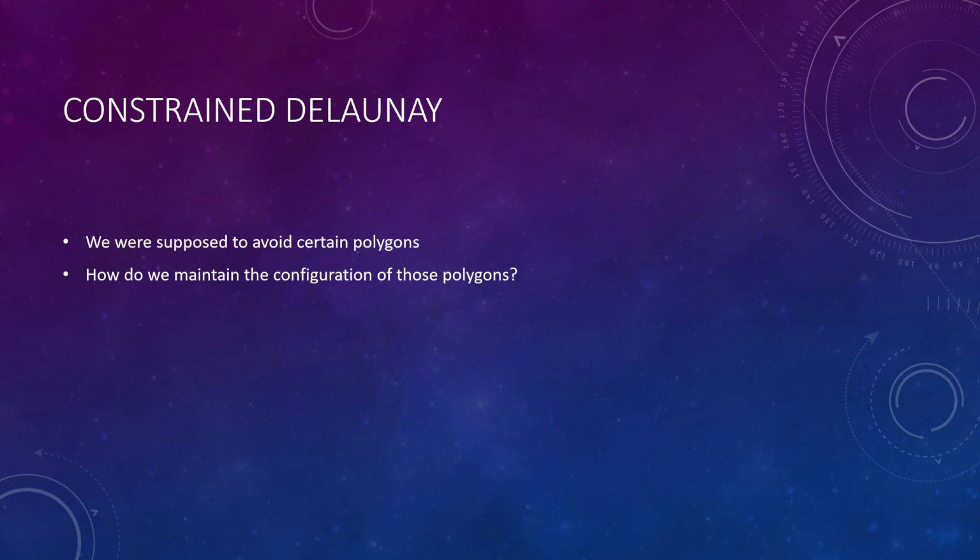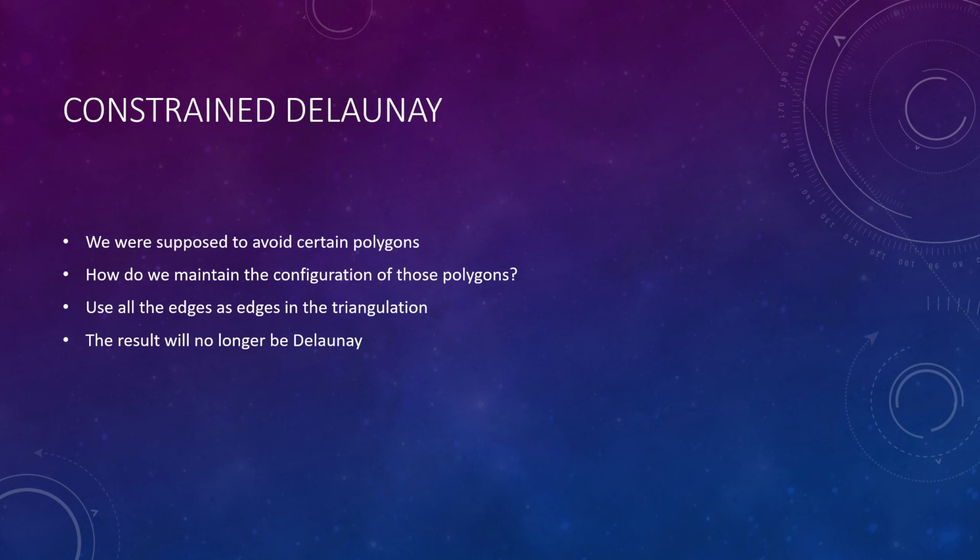Because if we only look at the points, then the triangulation might end up destroying the polygons. The answer is to use the edges of the polygons as edges in the triangulation. And those, we simply fix them and we don't change them. We don't apply flips to them or anything.